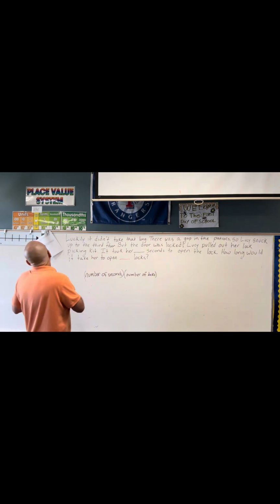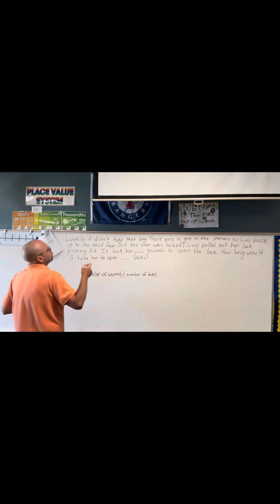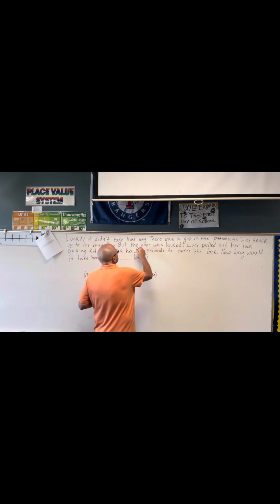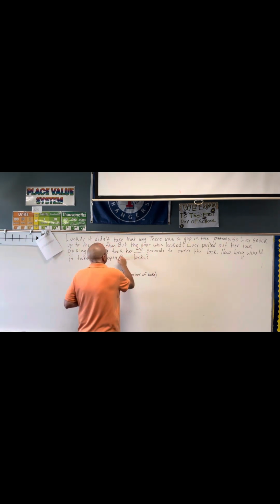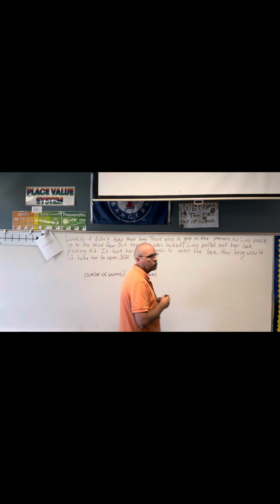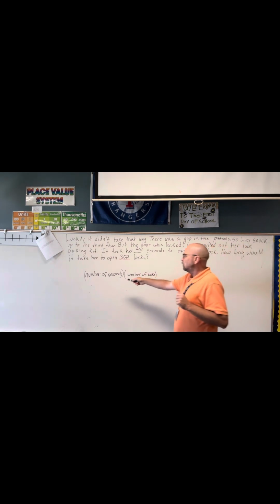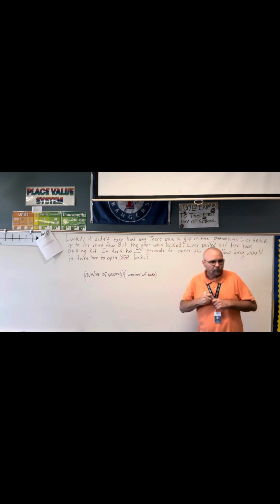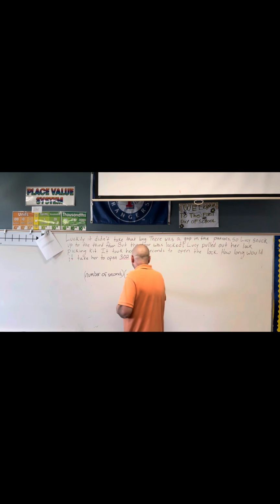So now if I tell you it took her 40 seconds to open the lock, and we want to know how long it would take her to open 302 locks. So, Jasmine gave us our equation. So we want to know how much time as the number of locks.